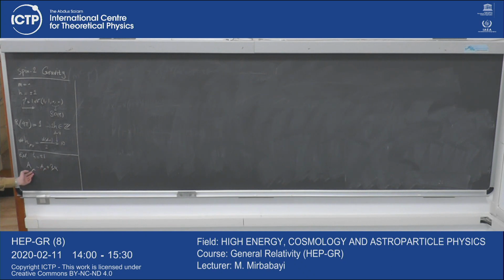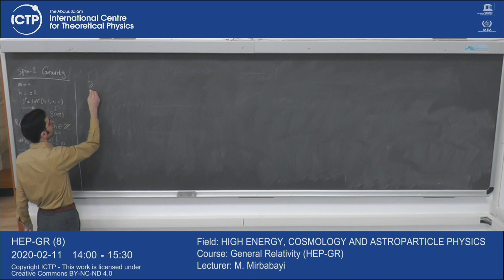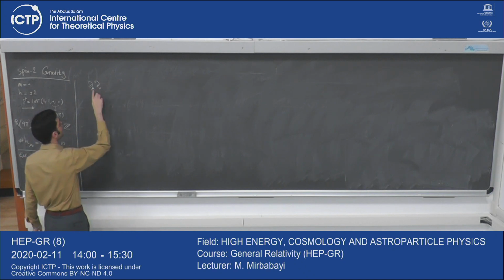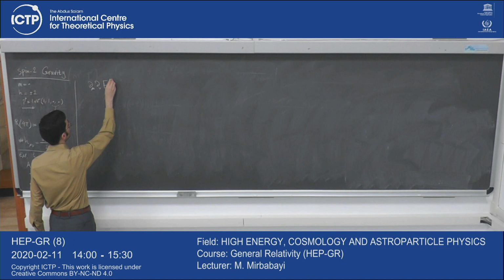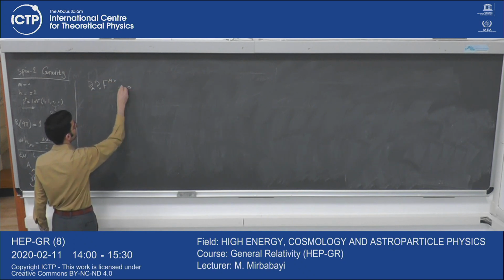At the level of equations of motion, the implication of this symmetry is that if we look at the Maxwell equation, d mu F mu nu equals j nu, the left-hand side, which is the homogeneous part of the equation, is identically conserved. This is to say that d mu F mu nu is equal to 0 as an identity.